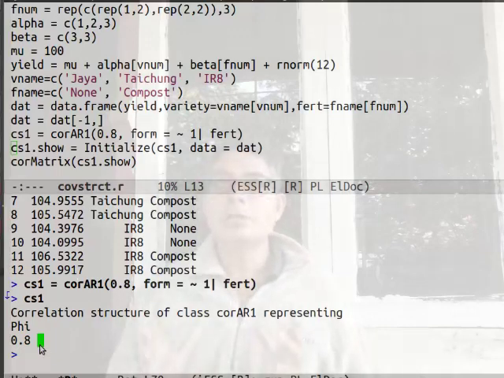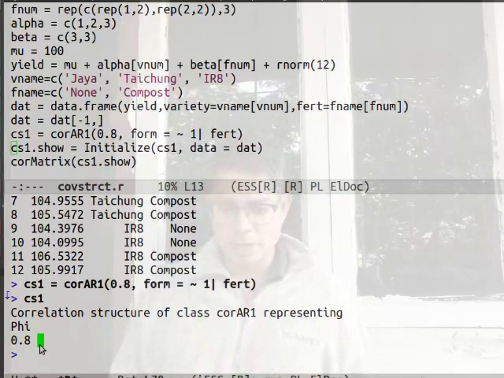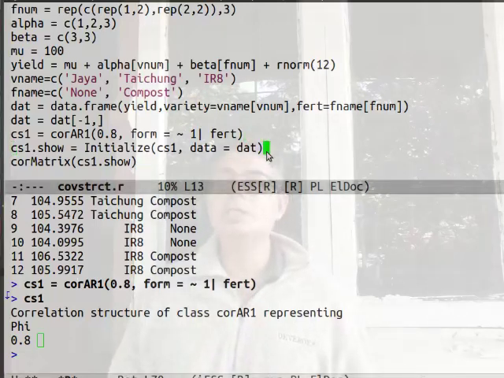Now, you naturally want to see the matrices, but this does not show you the matrices. To do that, we have to call a function called Initialize, a weird function that you will not need to call when you do the actual analysis. It is just for visualizing the thing. So you write CS1.show equals Initialize(CS1, ...), and now you have to specify the data, because here I just write fert and I do not even know what fert is.